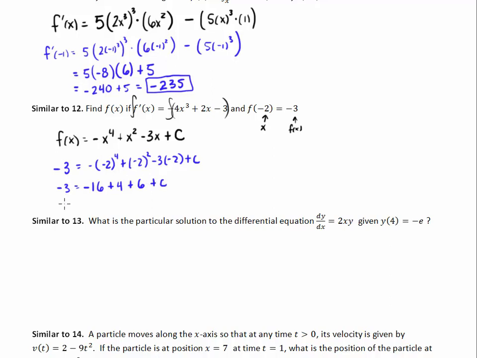So we get negative 3 is equal to negative 6 plus c. Add 6 to both sides, and we get 3 is equal to c. So our final answer is going to be f of x is equal to negative x to the 4th plus x squared minus 3x plus 3. And there is our final answer.